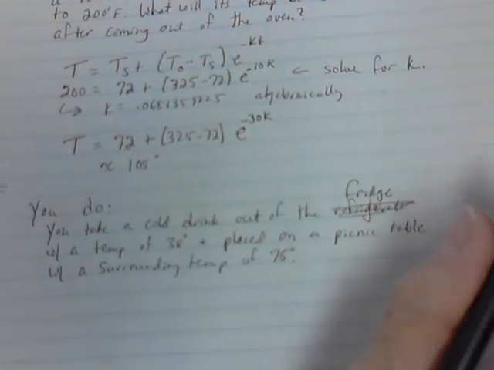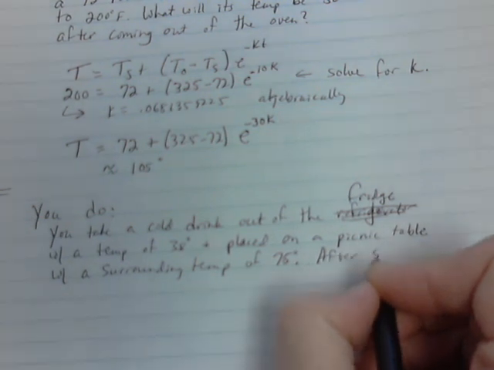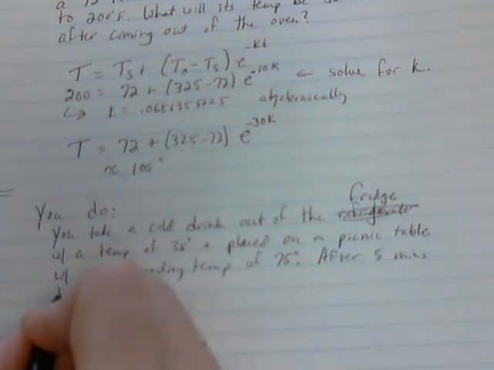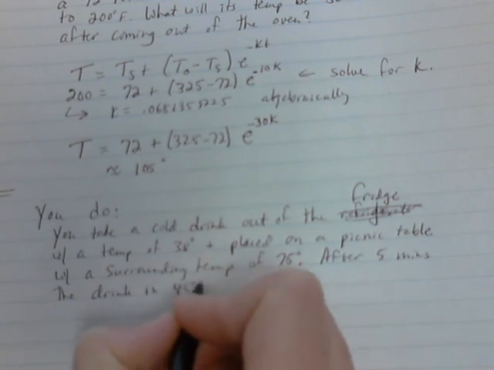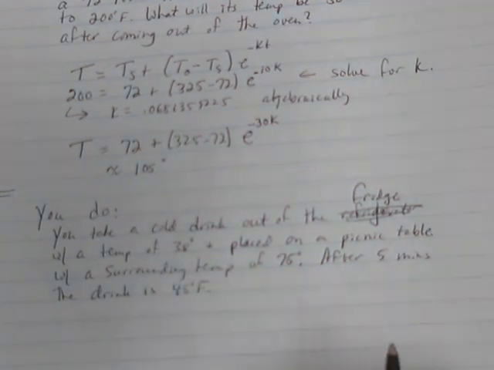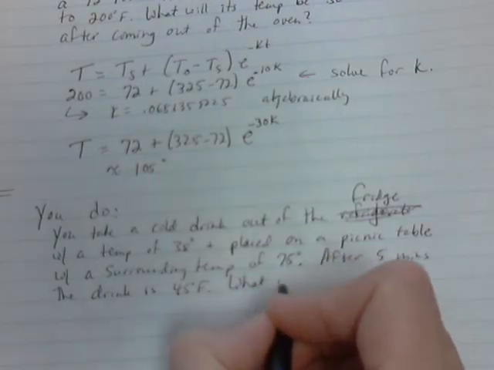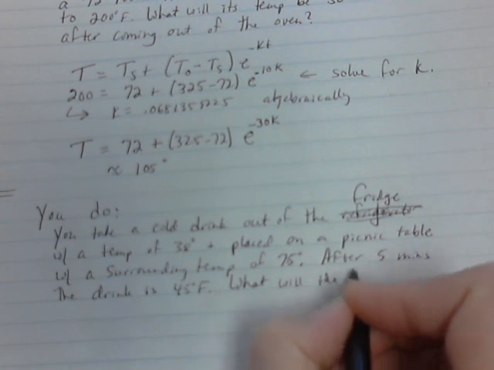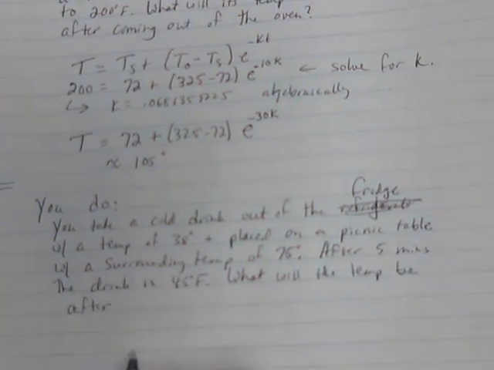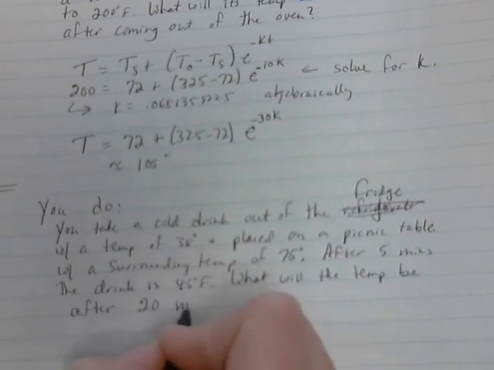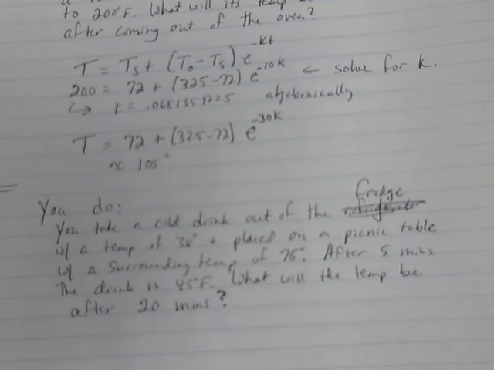After 5 minutes, the drink's 45 degrees. What's going to be the temperature of this drink after 20 minutes? We'll see if we get the answer. Talk about that tomorrow.